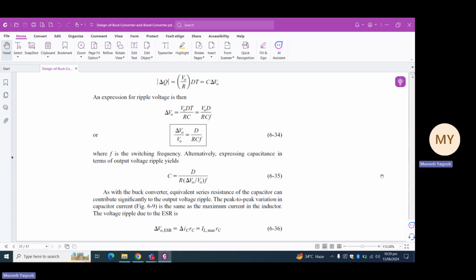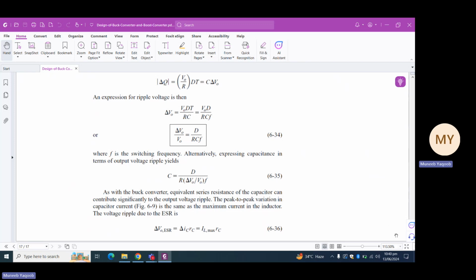At the end, we will consider the ripple voltage due to the equivalent series resistance of the capacitance, and as in the buck converter, it is represented by delta IC into RC, or delta V naught due to ESR equals IL maximum times RC.